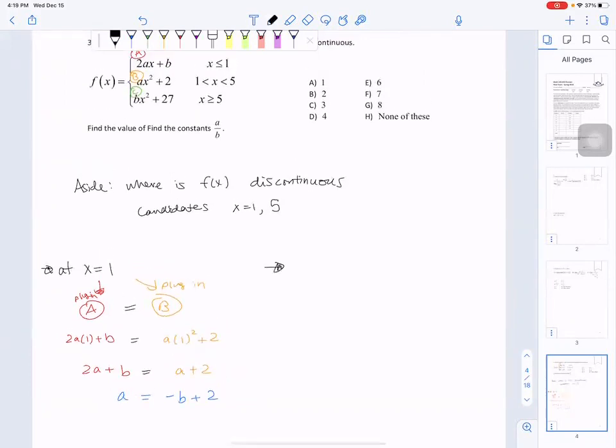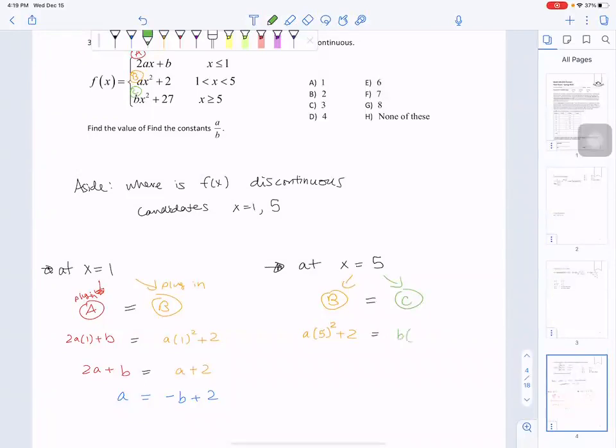Then where's the other discontinuity? At x equals 5, where could 5 be discontinuous? Well, there's something with B and something with C. So now we want to plug it into B, sorry, and it should be equal to what you get if you plugged it into C. So let's plug in x equals 5. We get A times 5 squared plus 2 equals, what happens when you plug it into C?